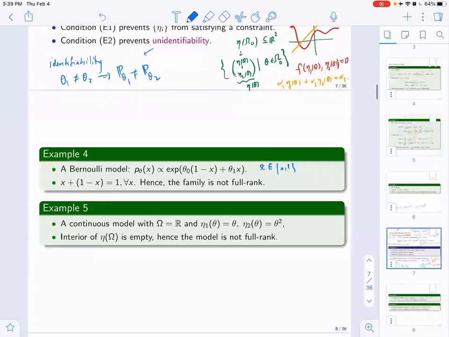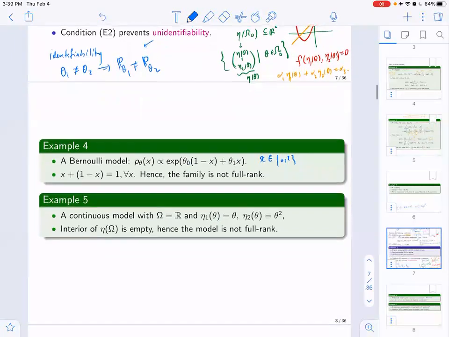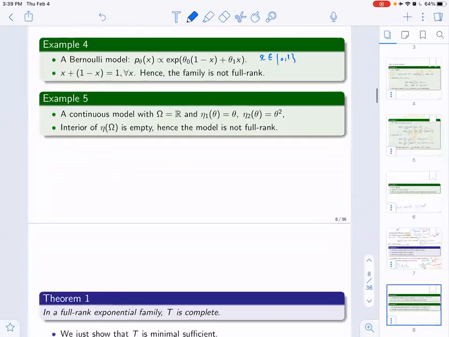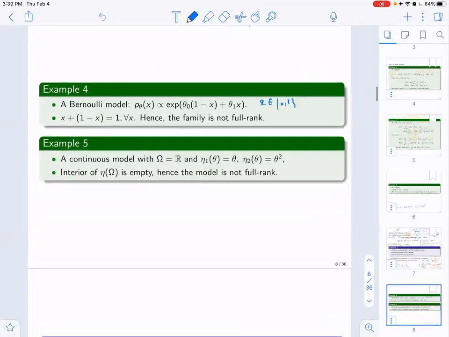The other example, for example, if you have a continuous, let's say Omega is R, and then you define these parameterizations like this, then the interior would be empty and you'd violate the full rank assumption. There are other examples as well you might see. But if you rule these out, questions about this?